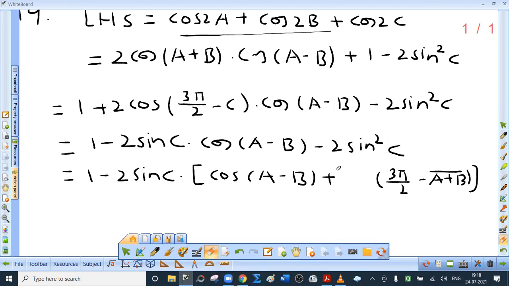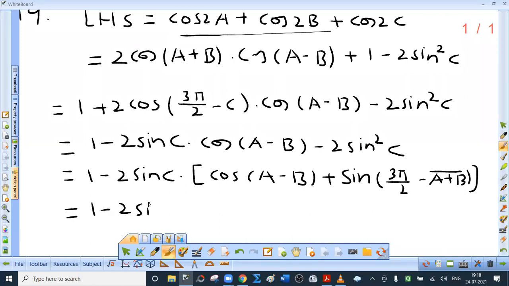See, I have taken minus 2 sin C common, right? So cos of A minus B plus sin C. But instead of C, you can see that I have written 3 pi by 2 minus A plus B. Bar means bracket. Same logic. A plus B plus C is given to be 3 pi by 2.